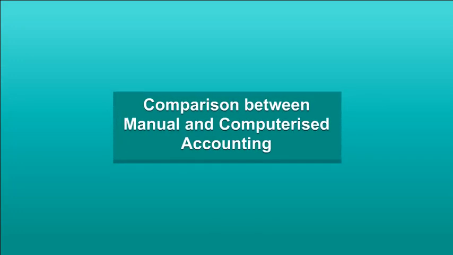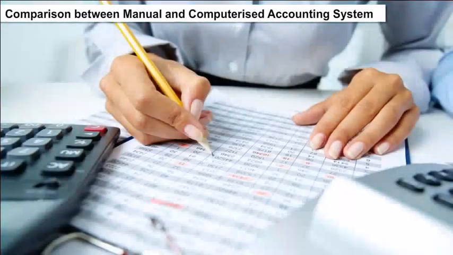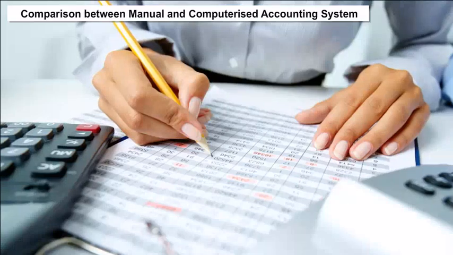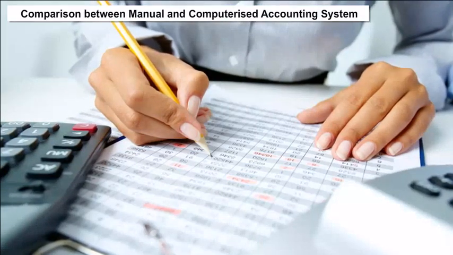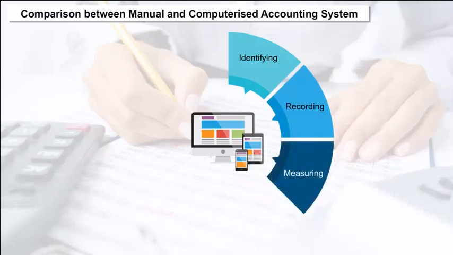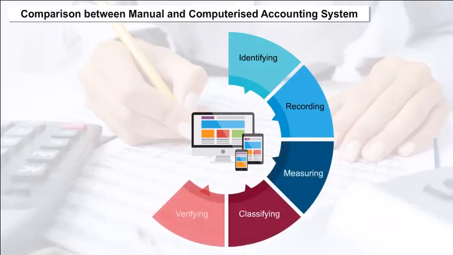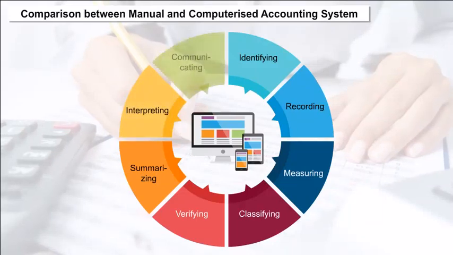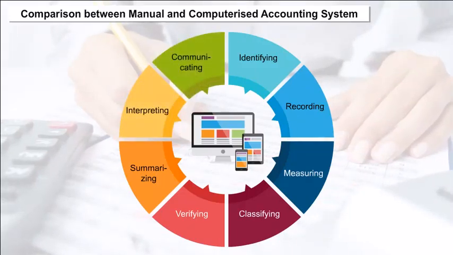Comparison between manual and computerized accounting system. Accounting is a systematic approach of identifying, recording, measuring, classifying, verifying, summarizing, interpreting, and communicating financial information.